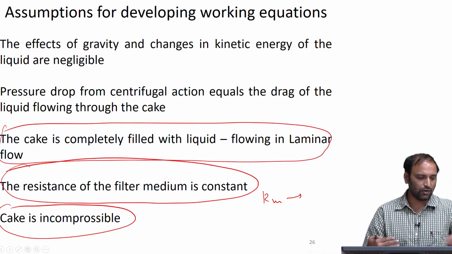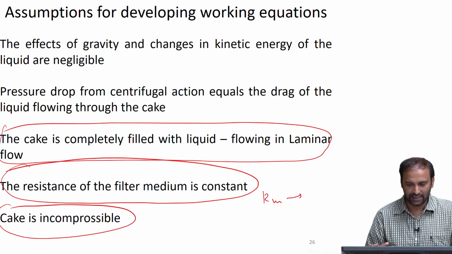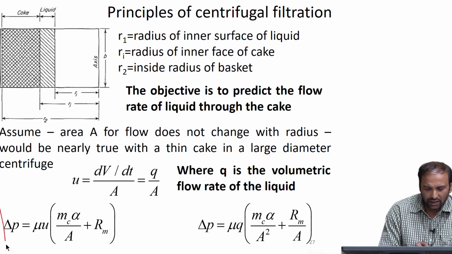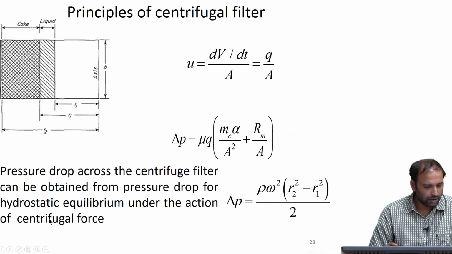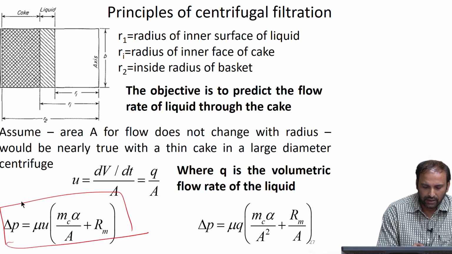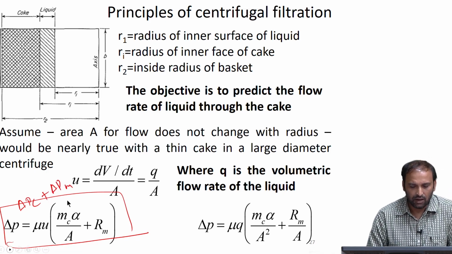So, you have all these assumptions that have gone into developing these expressions. Again, we will start with the same working equation, the total pressure drop, that is delta P equals delta Pc plus delta Pm, right, that is what we had mentioned.